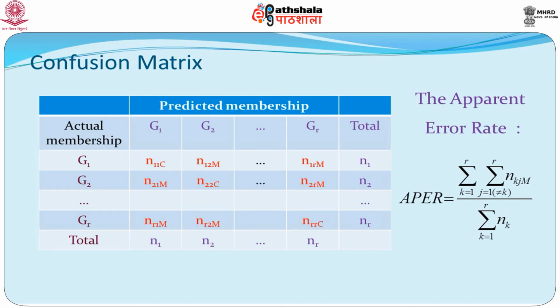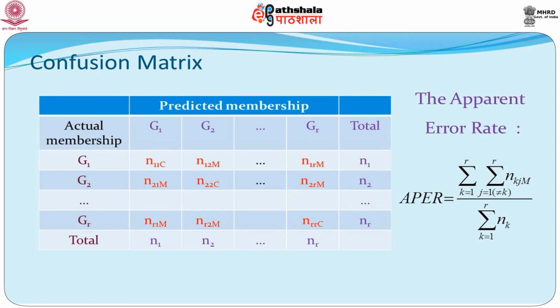Now, if you look at the denominator, this is simply the size of the sample, and if you look at the numerator, this is simply the number of misclassified individuals. So, the apparent error rate is the ratio of the number of misclassified individuals to the total number of individuals in the sample, and this gives you a very good idea of whether the rule is good enough or not.